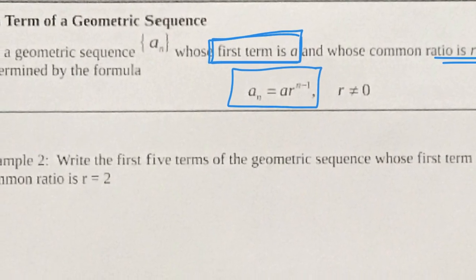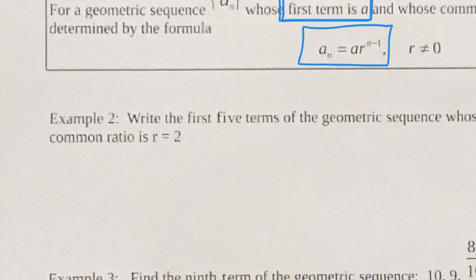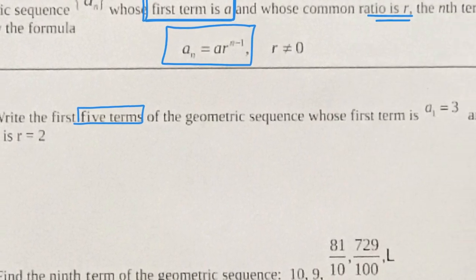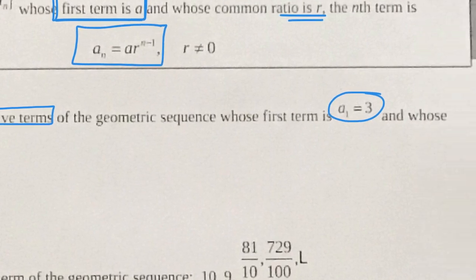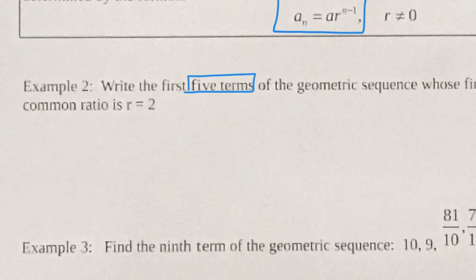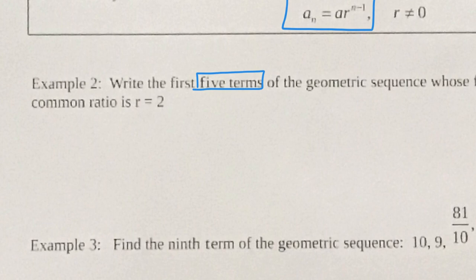So let's see if we can use that for this next question. Write the first 5 terms of the geometric sequence whose first term is 3 and whose common ratio is 2. The first term we are told is 3. Check. The second term we find by multiplying the first term by 2.